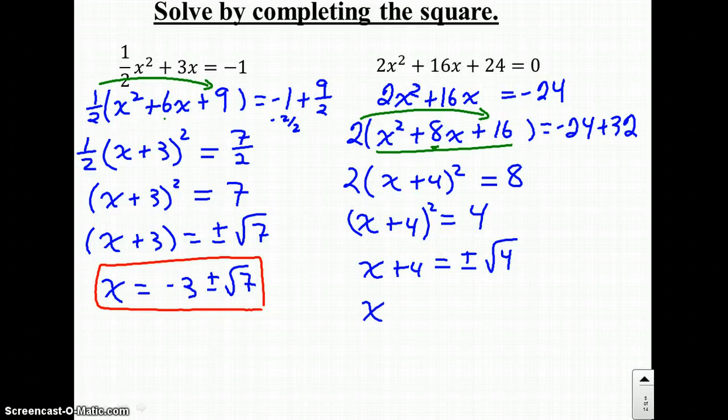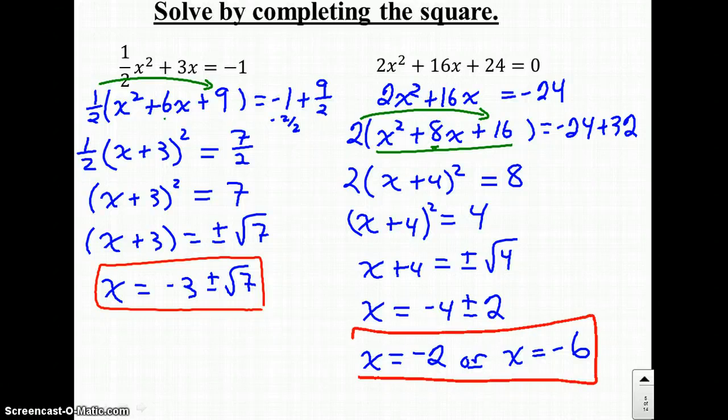And I can now subtract 4 from both sides, plus or minus the square root of 4, which is 2. And this works out to be two exact solutions that are integers. Negative 4 plus 2 is negative 2, or negative 4 minus 2 is negative 6. What that tells us is we could have factored this equation, but completing the square still works.